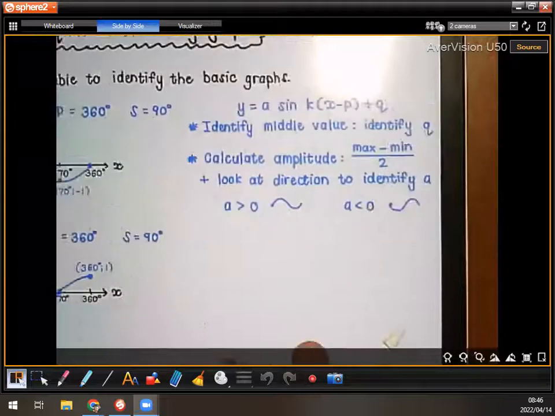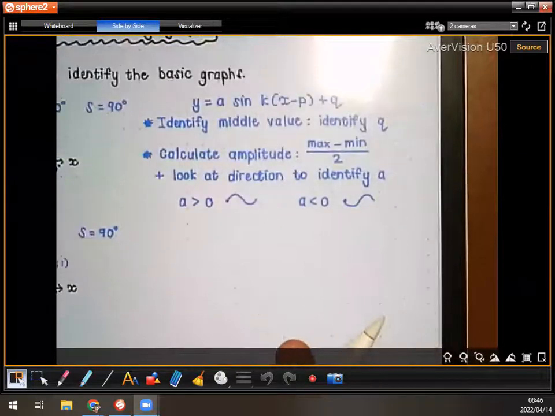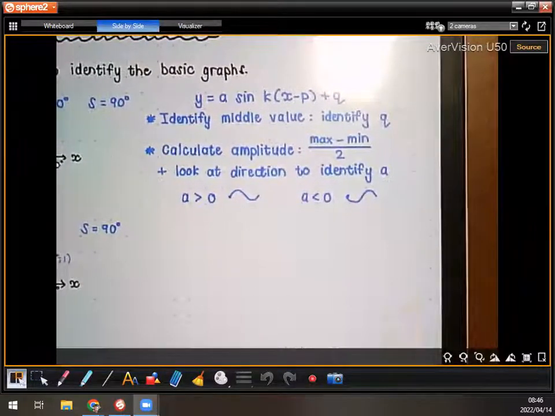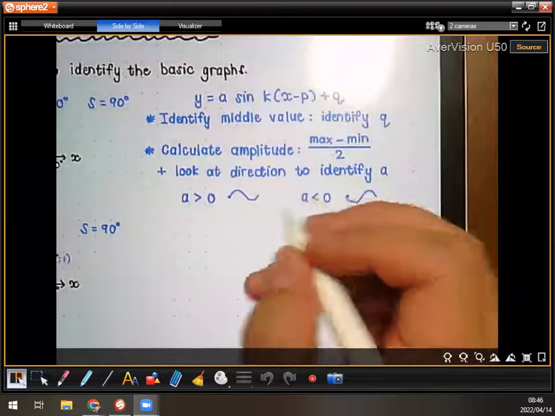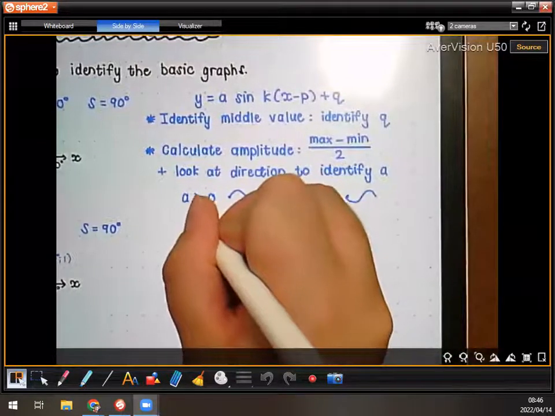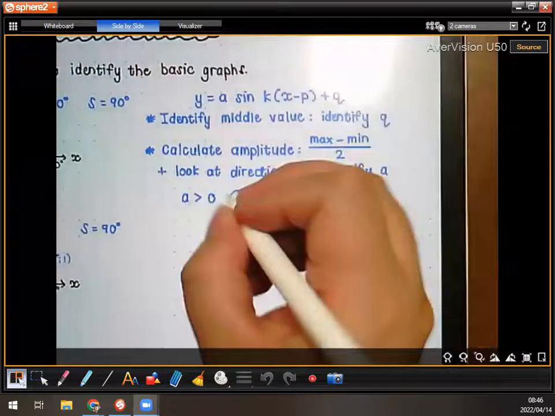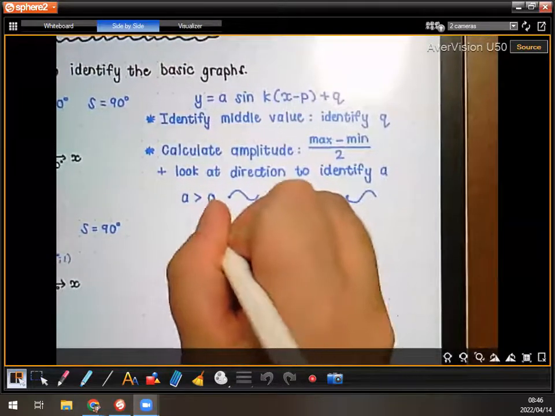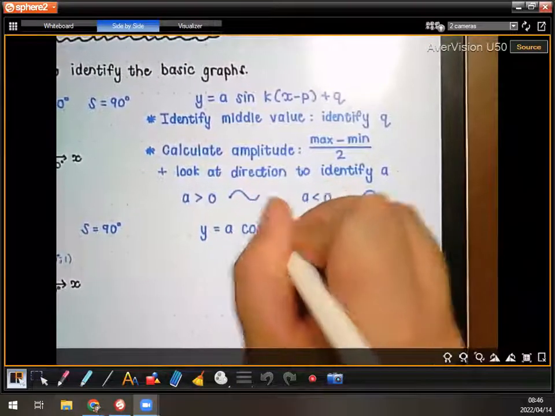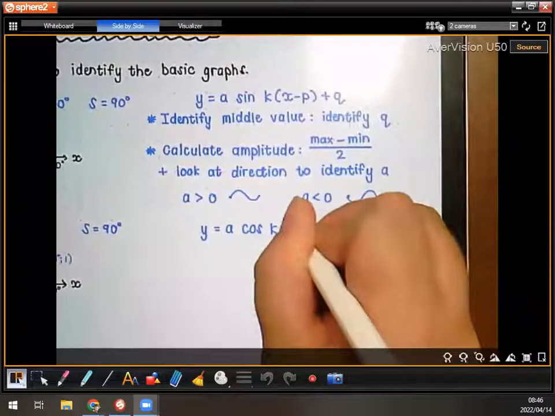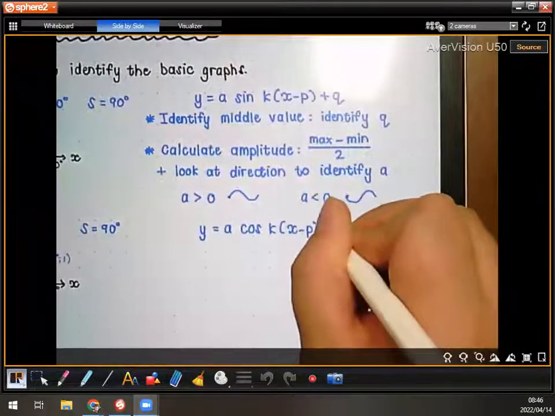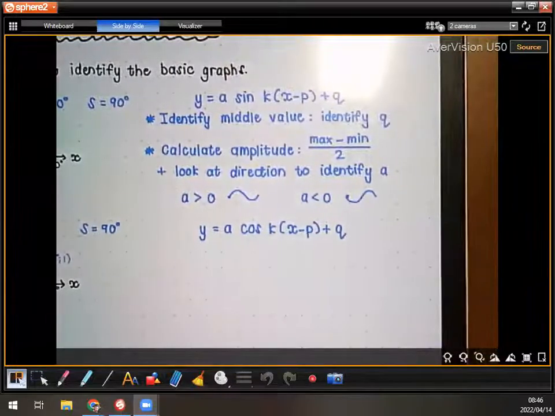Let's quickly do a similar thing for the cos graph. It is very much the same. It's just the direction that's different. So when we're talking about the cos graph, the standard form is y equals a cos k bracket x minus p plus q.